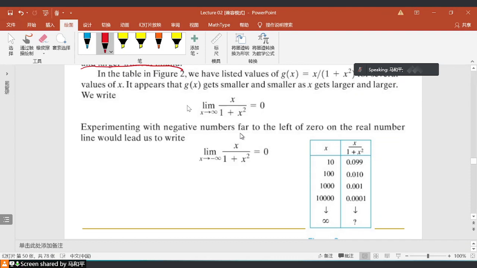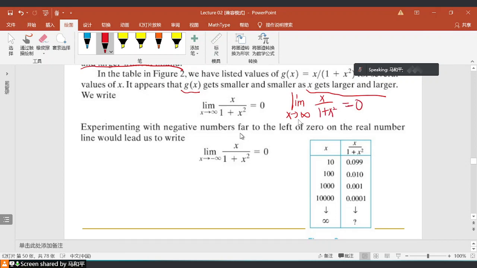We can find that g(x) is 0.099, 0.010, 0.001. It appears that g(x) gets smaller and smaller as x gets larger and larger. So we write this limit: as x gets larger and larger without bound, x over 1 plus x squared is 0.